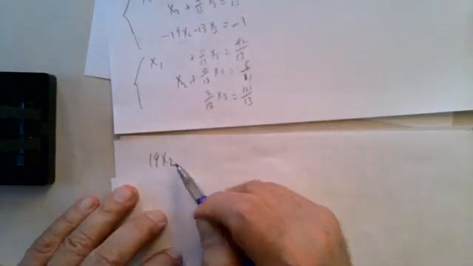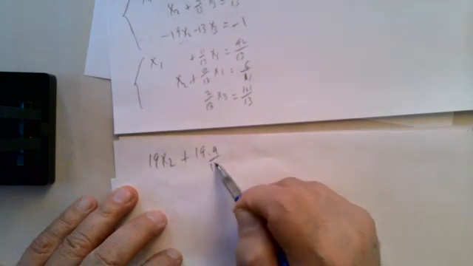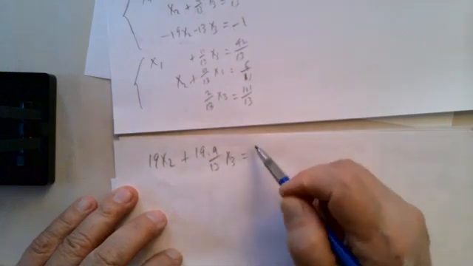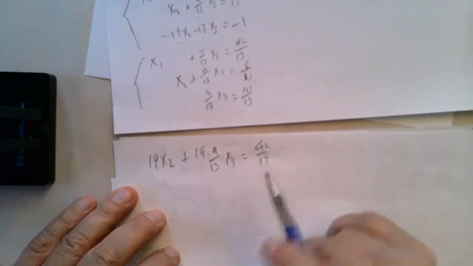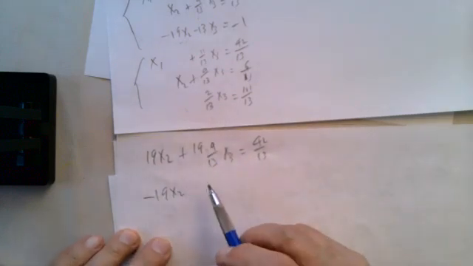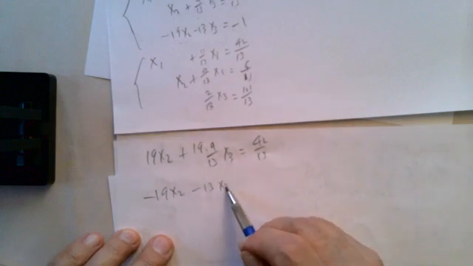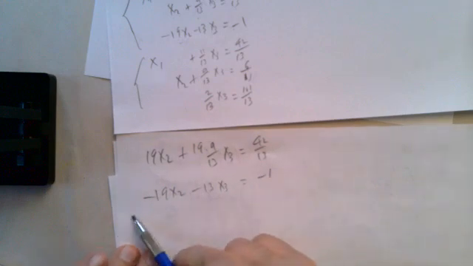If I multiply this equation by 19, I get 19x2 plus 19 times 9 over 13 x3 equals 42 over 13. And the third equation is minus 19x2 minus 13x3 equals minus 1.